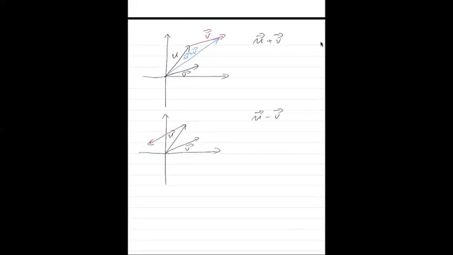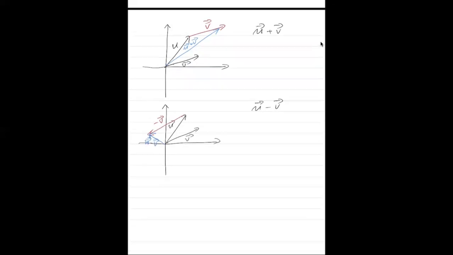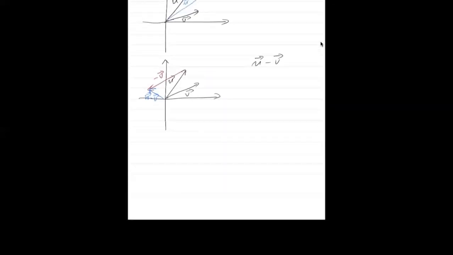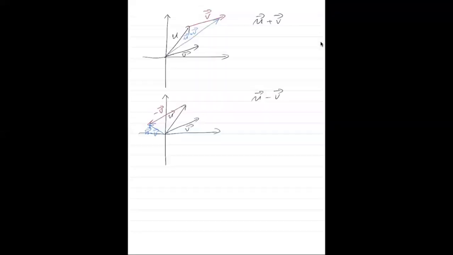I can sketch it over here. This is negative v. And now I have u plus negative v. So here's my resulting vector, u minus v, the blue vector. Okay, so this is the geometry behind vectors.